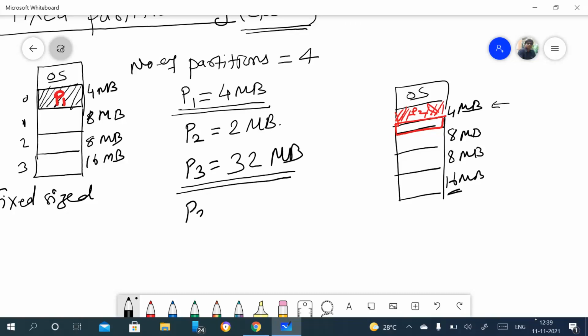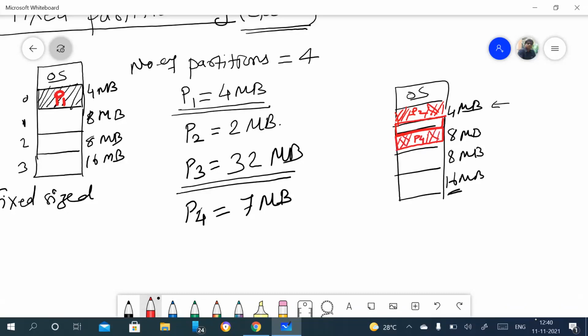Suppose there is one process P4 and its need is 7 MB, right? So where can we keep that P4? We can keep it here. This is P4 and the blocks are reserved, right?